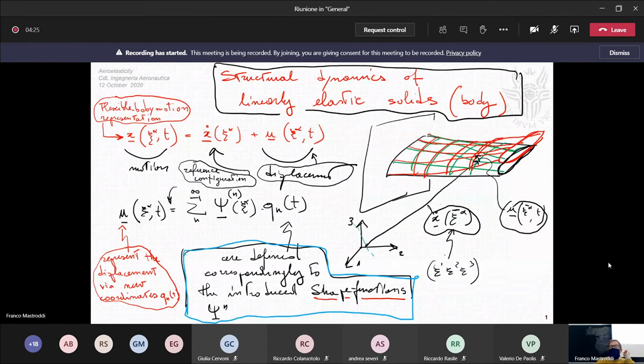Last time I introduced to you the standard representation for an elastic body. Here we have a flexible member, like a wing, and with X I'm indicating the position in this frame of reference.